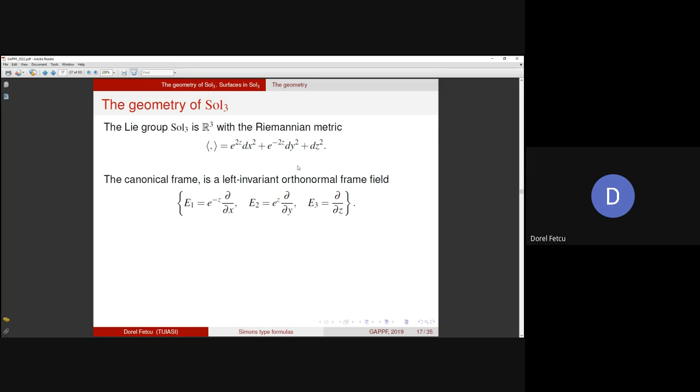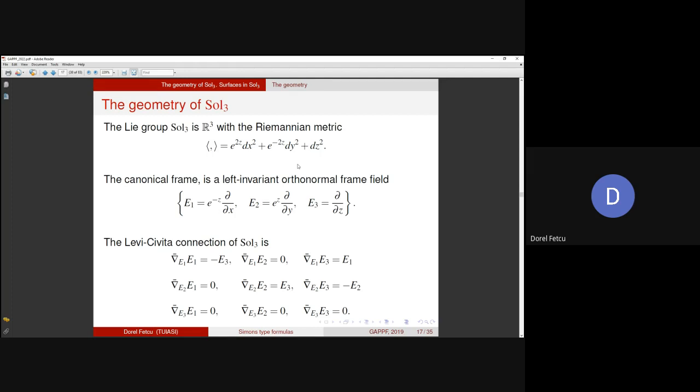We can define a left invariant orthonormal frame field by these formulas, which is called the canonical frame. And with respect to this canonical frame, the Levi-Civita connection of Sol has this form.